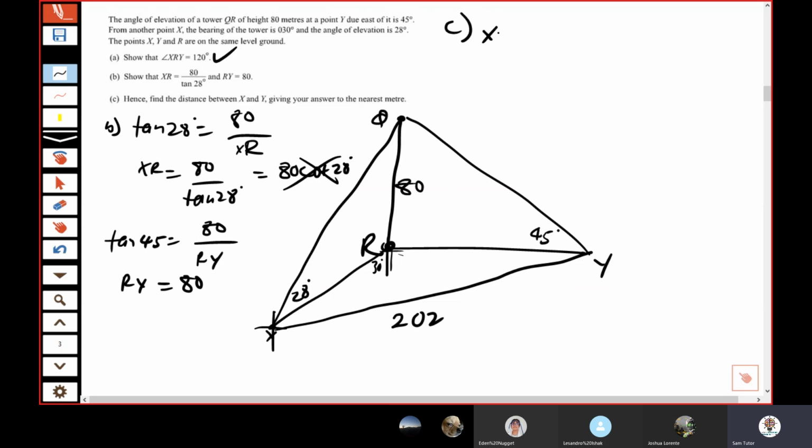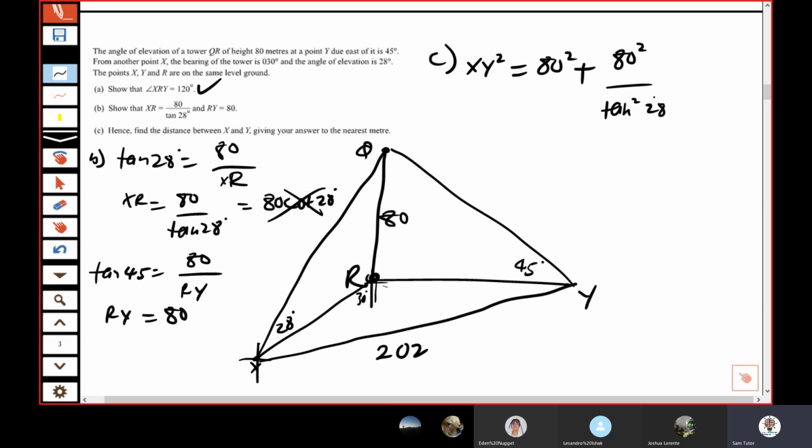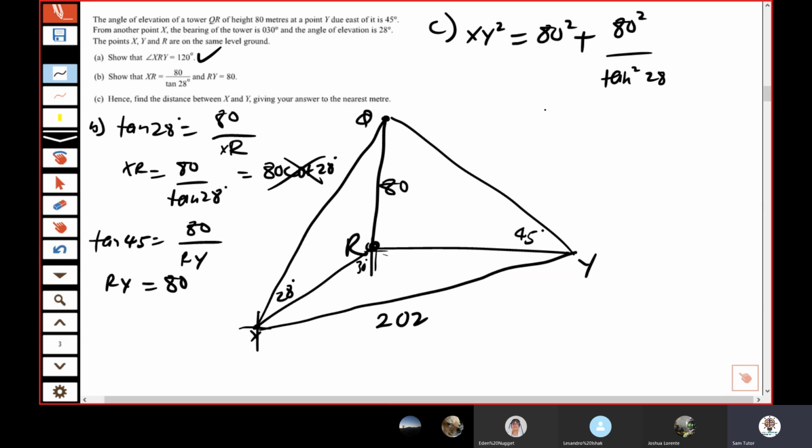So XY squared must equal RY squared plus XR squared, which is 80 on tan 28. So 80 squared plus 80 on tan 28, all squared, minus 2 times A times B times cos C. It's pretty much what you wrote.